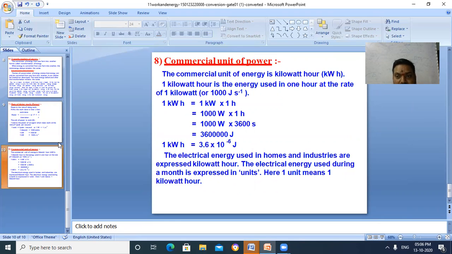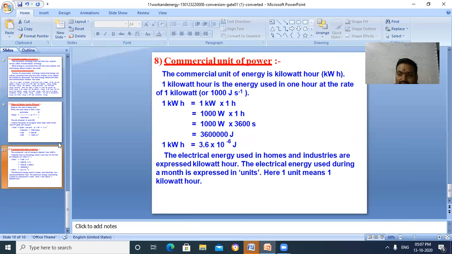Now, finally, the commercial unit of energy. It is said to be kilowatt hour, which is of high importance with regard to electrical meters. Usually in electrical meters, the energy is calculated at this rate: 1 kilowatt hour.